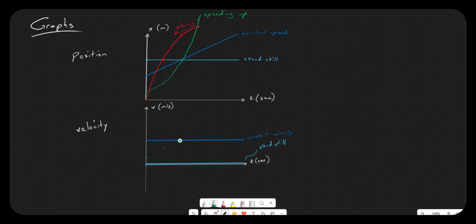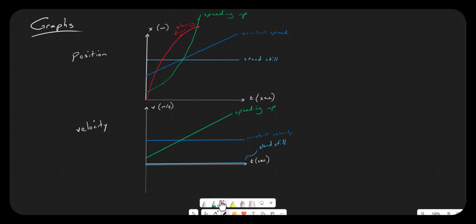Later we're moving faster still, covering more ground. We are going to get a velocity curve that looks like this. As time goes on, our speed, the magnitude of our velocity, keeps increasing.